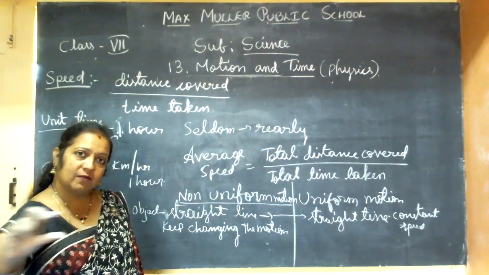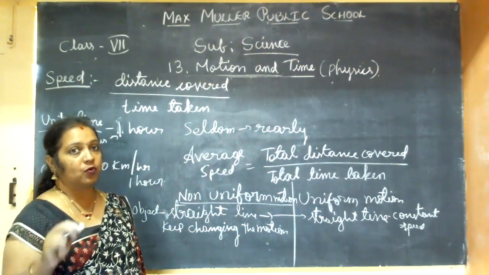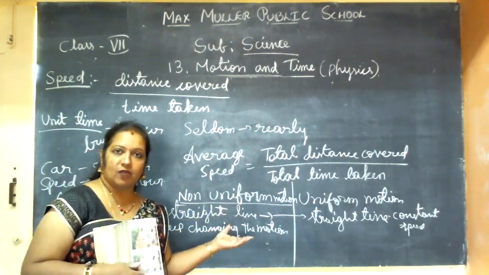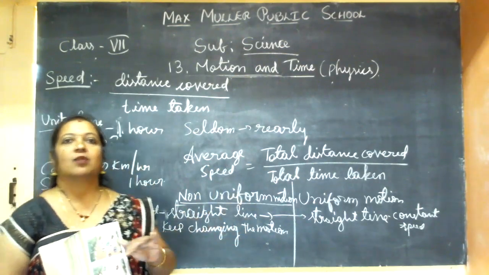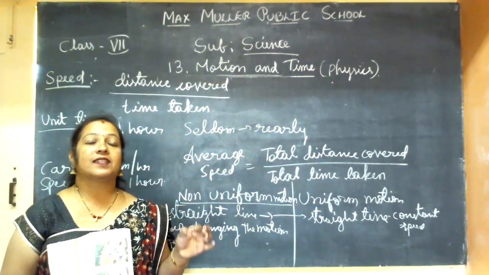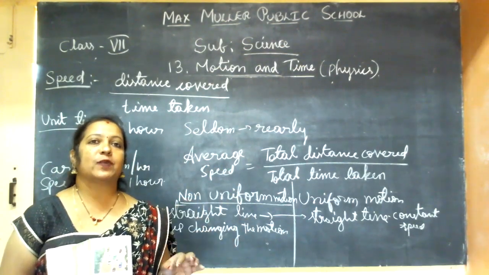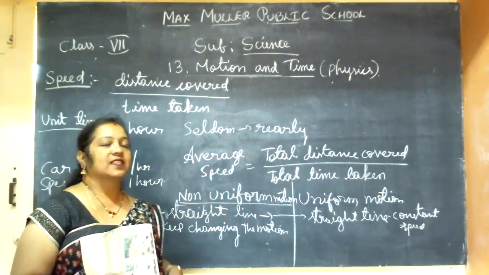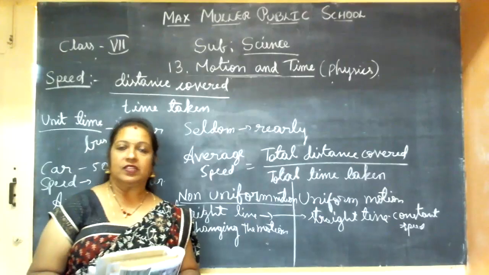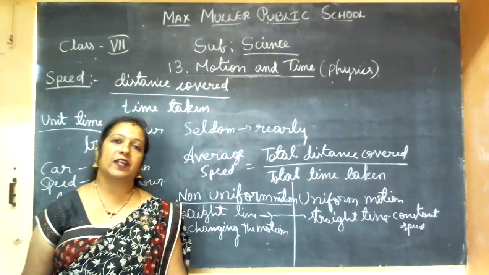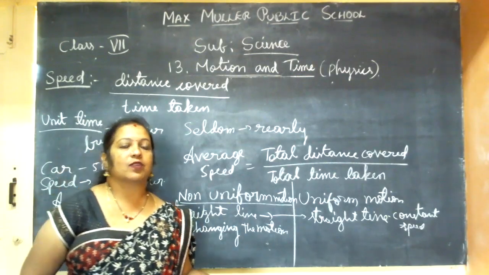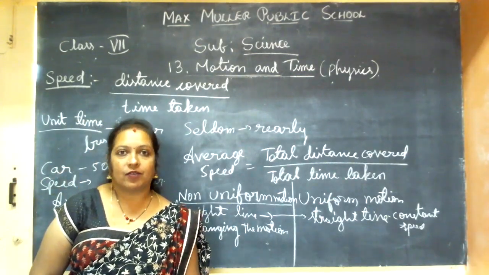It maintains the same speed and covers the distance, then it comes under uniform motion. Uniform means almost equal speed. So the total distance is covered with the same speed. In this way, by seeing the speed of a vehicle, we come to know about uniform and non-uniform motion.